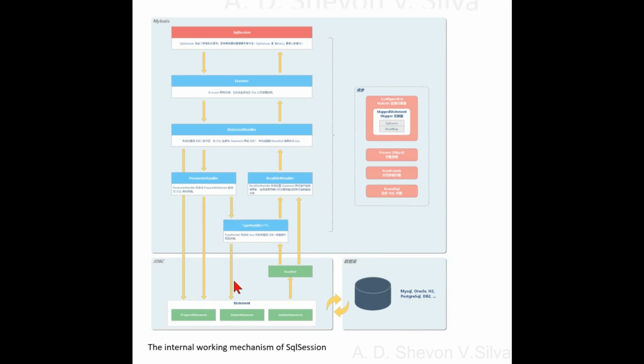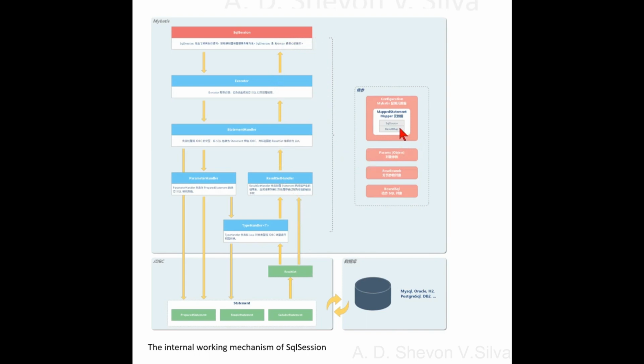Type handler is connected to statement. Prepared statement, simple statement, and callable statements are inside statement. Statement is connected to result set. Result set is connected to type handler, and type handler is connected to result set handler. Here result set is connected to result set handler. Result set handler is connected to statement handler. Statement handler is connected to executor. Executor is connected to SqlSession.